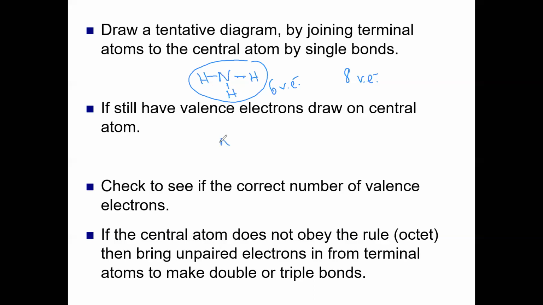So in this case, we have our nitrogen single bonded to each of our hydrogens. Each of our hydrogens is already happy because it has its duet. Because we still have our 2 valence electrons left to draw, we'll now put those valence electrons on our central atom.